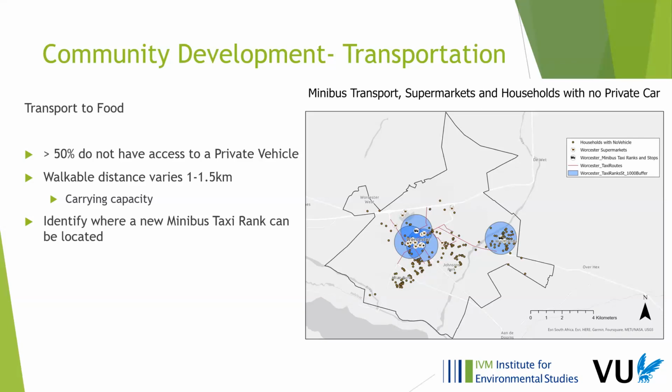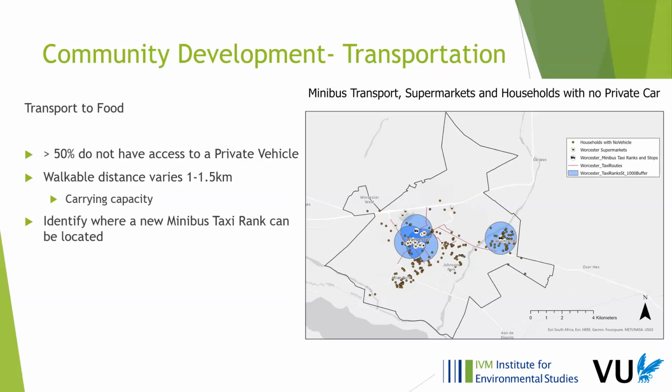When we identified this catchment area of supermarkets, we wanted to see where potentially we could place a new minibus taxi rank in these areas. So we mapped the taxi ranks in relation to where these people live. We know that people are willing to walk up to 1.5 kilometers to a taxi rank.